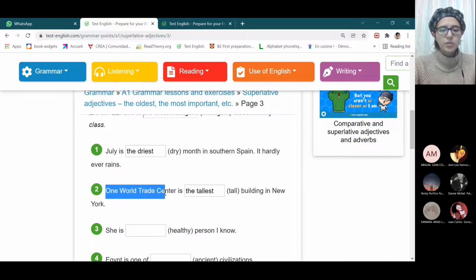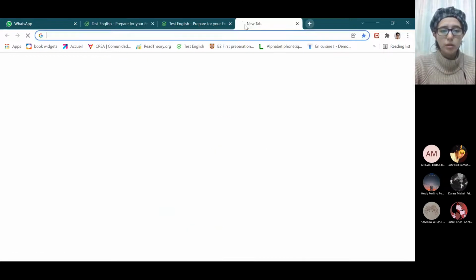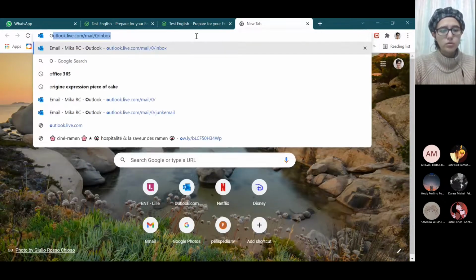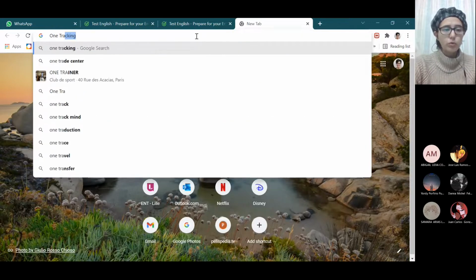Perfect, yeah. So you have to know this. This is a cultural thing. Sí, esto es un conocimiento cultural. The One World Trade Center is the tallest building in New York. And I'm sure that you watch them in movies. So let me look for that. One World Trade Center, right?